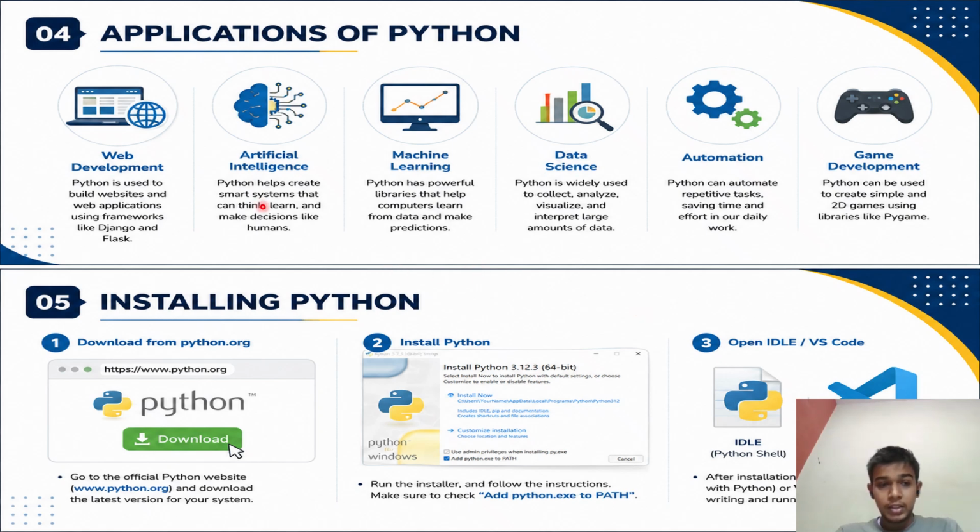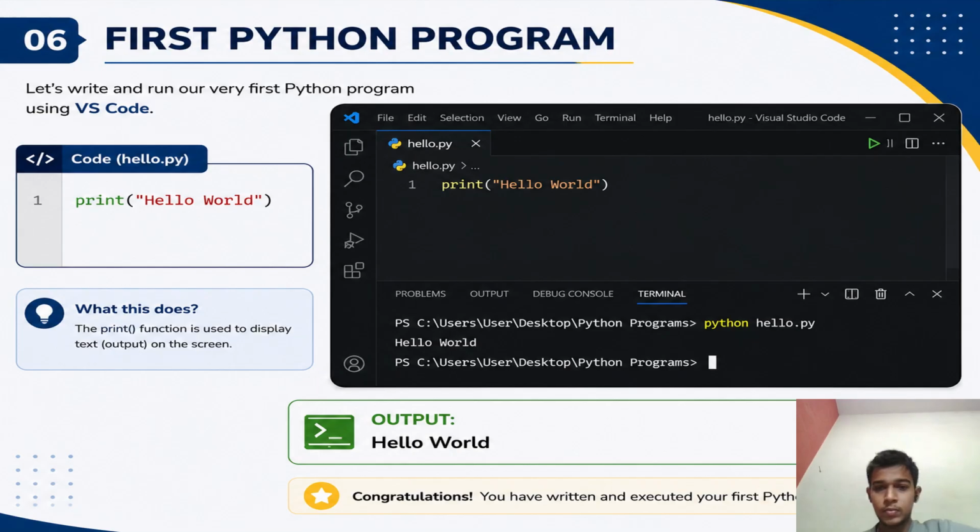Let's move to the final slide, with our very first Python program. The first program that every beginner learns is called the Hello World program. The code is very simple. Here you can see, print Hello World. This is a very simple program.